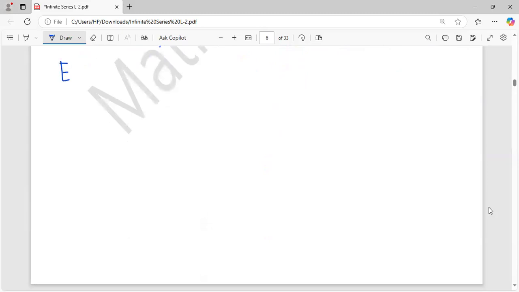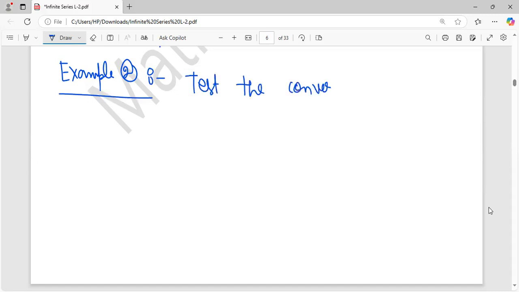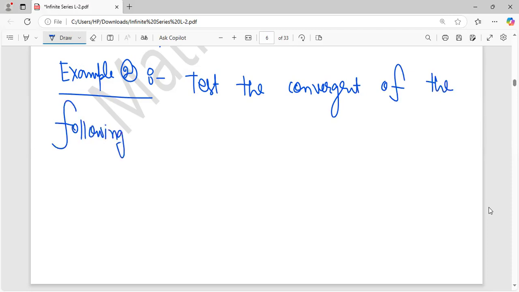Now, example 2. Test the convergence of the following series: summation n goes from 1 to infinity of 5 upon 5n minus 1.